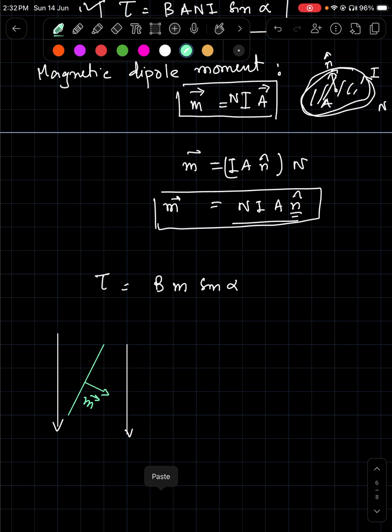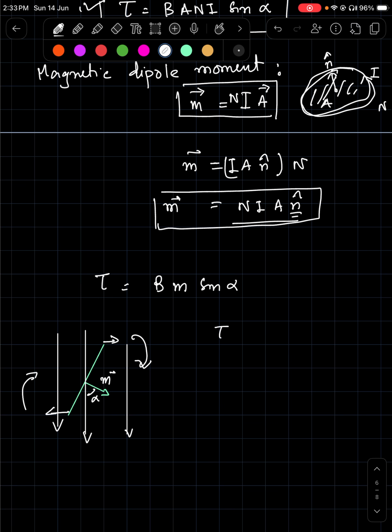This m vector makes an angle alpha with the magnetic field, and the torque is giving anticlockwise, sorry, clockwise motion. The torque produced by this magnetic force is in clockwise direction, because the plate is moving like this in a clockwise manner.